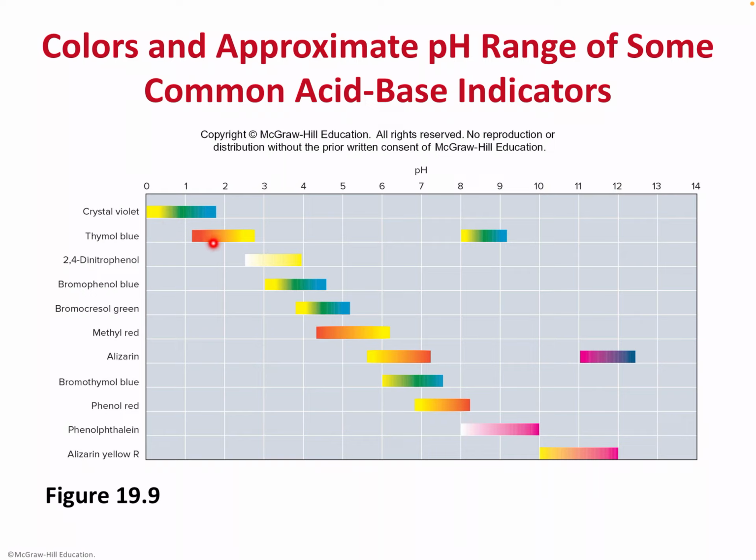That's crystal violet, and thymol blue gives its color change in 2 different pH ranges. And then 2,4-dinitrophenol, bromophenol blue, bromocresol green, methyl red, alizarin, bromothymol blue, phenol red, phenolphthalein, alizarin yellow R.